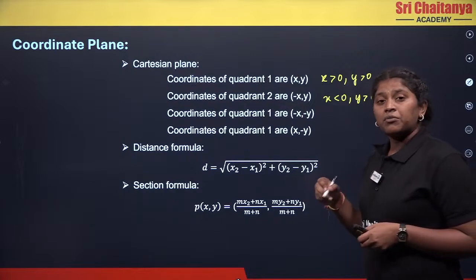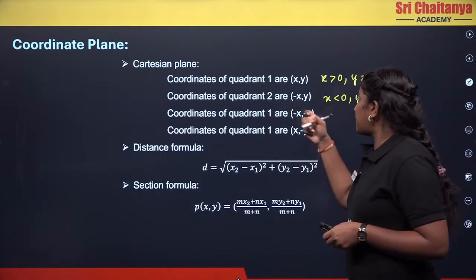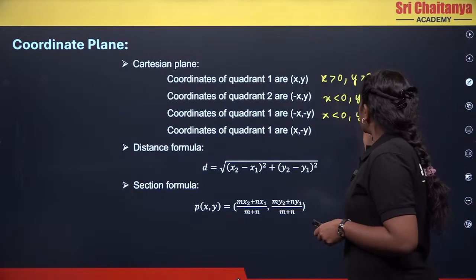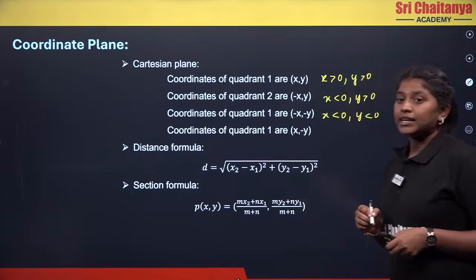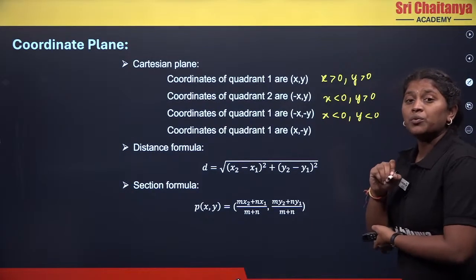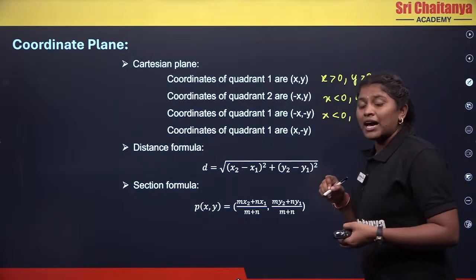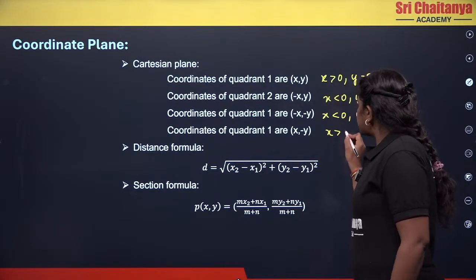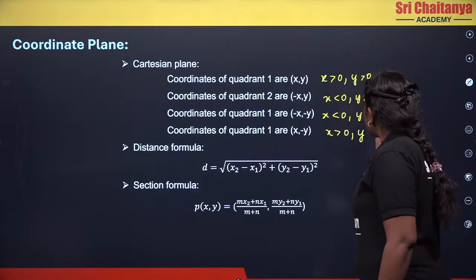Quadrant 3 is minus comma minus, so x is less than 0 and y is also less than 0. Quadrant 4 has positive x and negative y, so x is greater than 0 and y is less than 0.